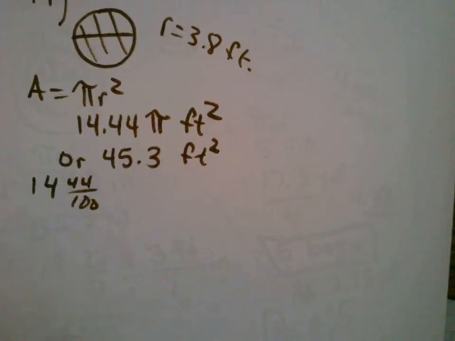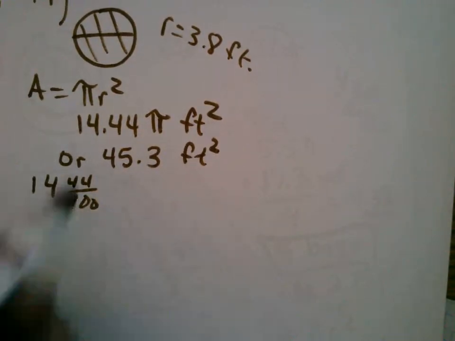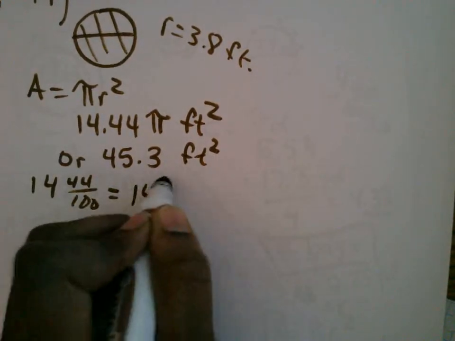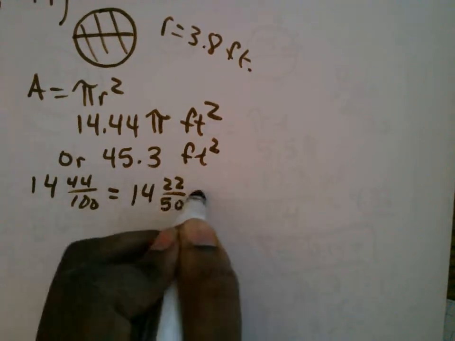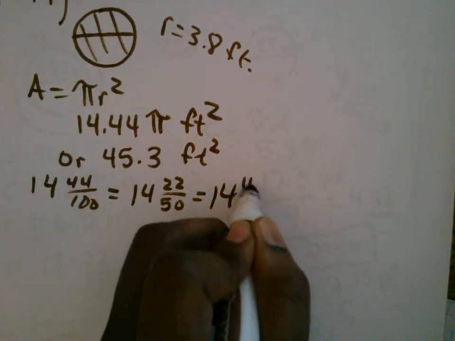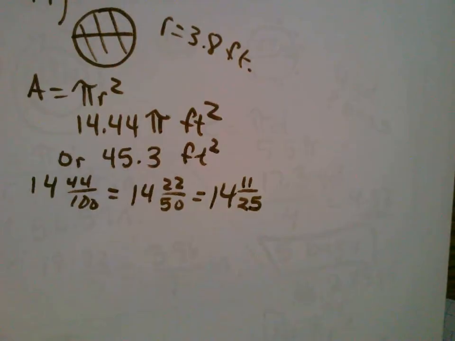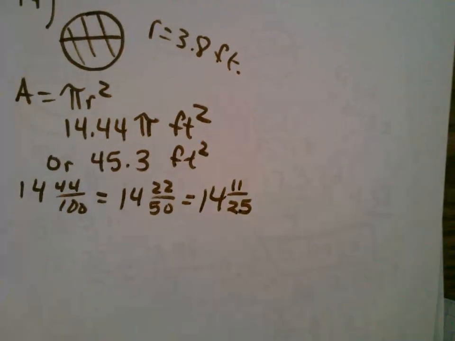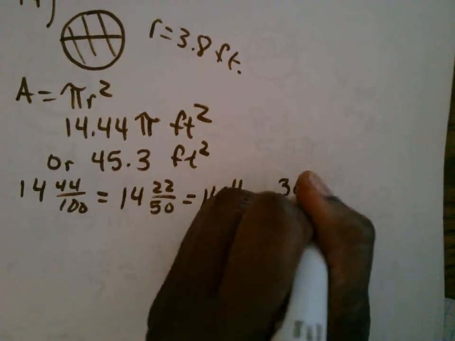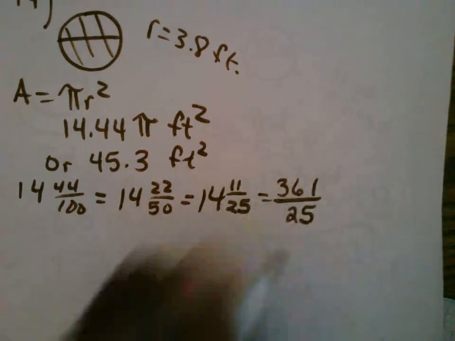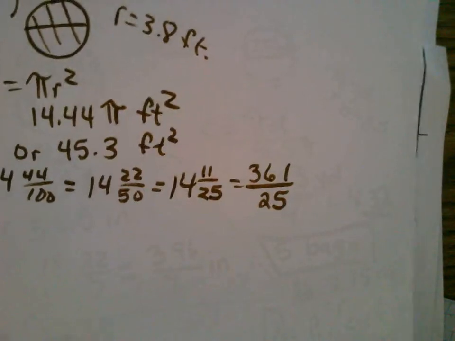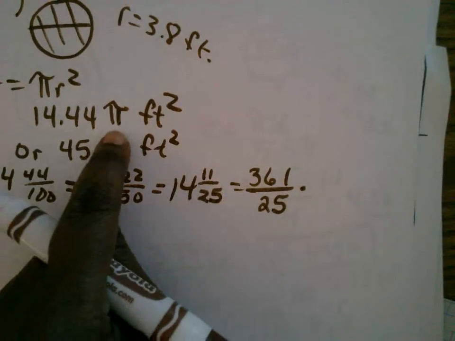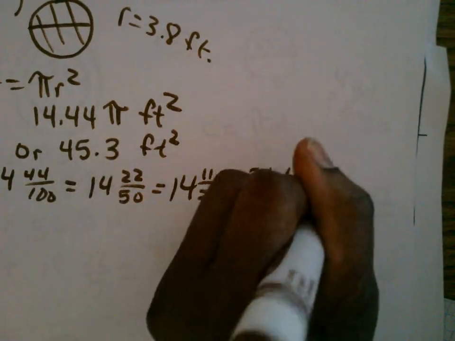Let's see if you can follow me. 14 and 44 100ths is equal to 14 and 22 50ths, which is equal to 14 and 11 25ths. Everybody okay with that? 14 times 25 plus the 11 will change this to 361 over 25. That gets multiplied by pi, which is 22/7.